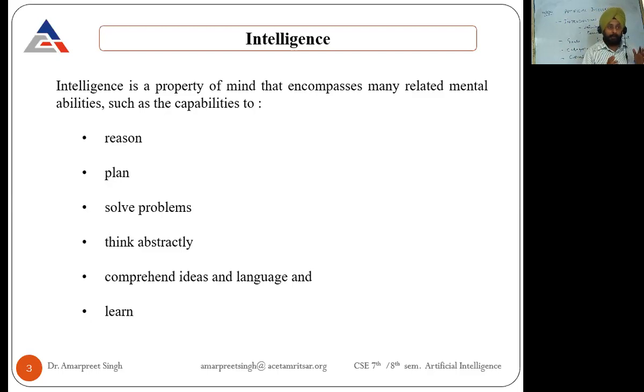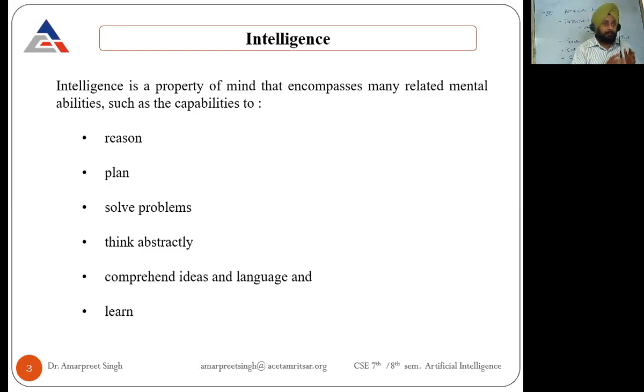A very important property of our brain is learning. Whatever our brain does at present, it keeps on learning new things also. It keeps the present thing in mind and tries to learn new things. So these are the important abilities of our brain.